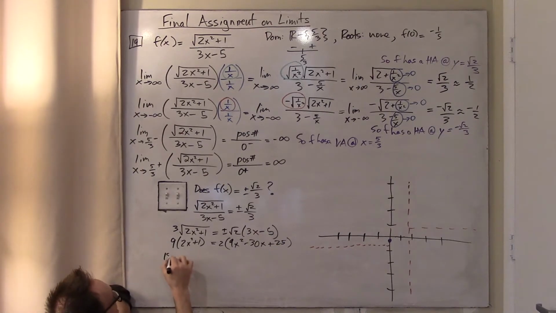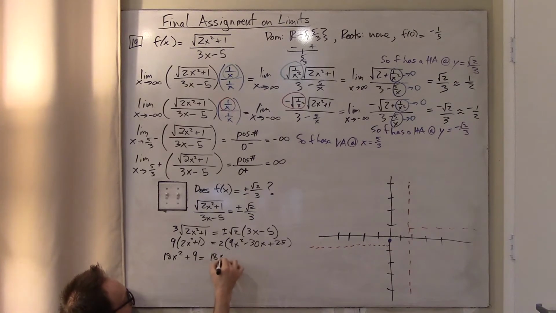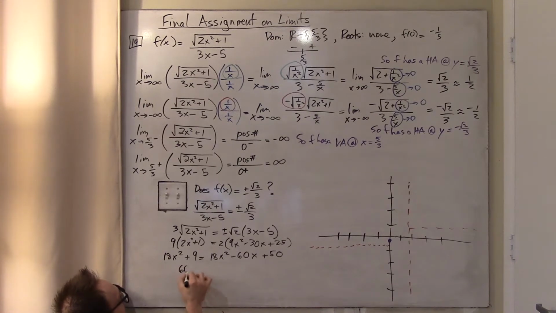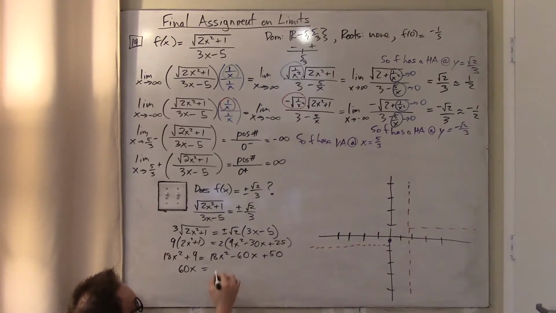So that's 18x squared plus 9 on the left, 18x squared minus 60x plus 50 on the right. Hopefully I don't make a mistake. What do I end up with? The 18x squareds cancel. I get 60x equals 41, and so x is 41 over 60.